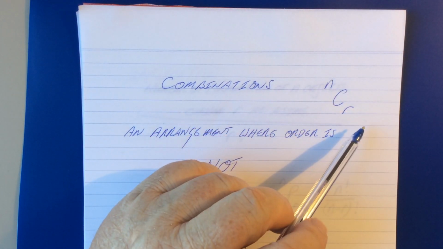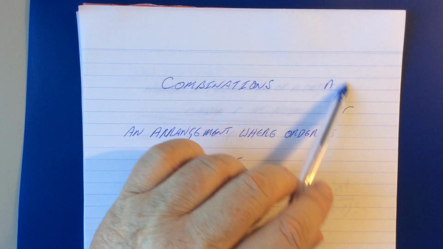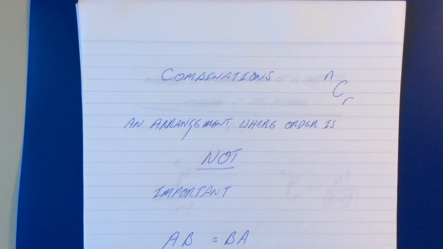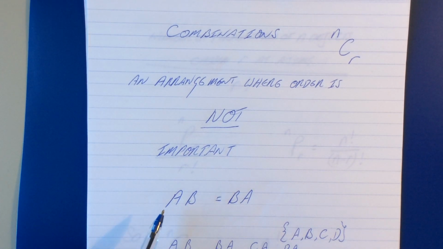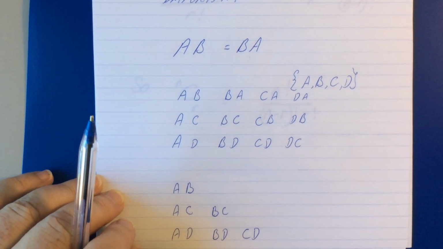Again, if you've looked at the permutations video, this notation will look vaguely familiar, but we'll get into what it means. Just to reiterate, order is not important as far as we're concerned. AB is the same as BA. Okay, let's look at a little example.